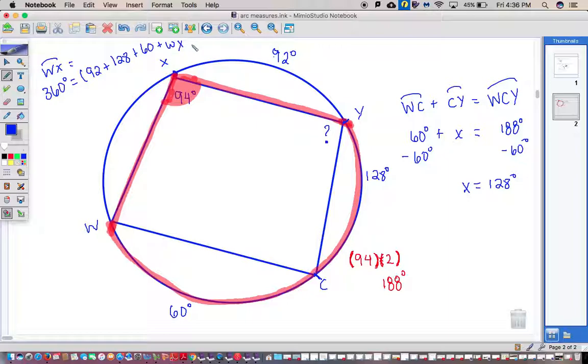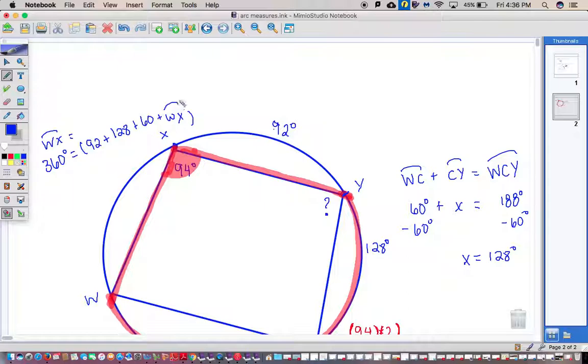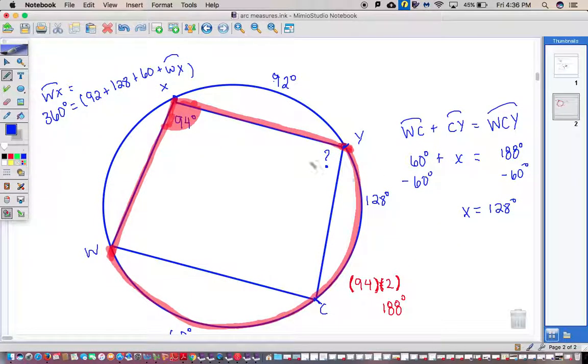So we can simply add all of these numbers together and subtract from 360. 92 and 128 is 220, and 60 is 280, so 360 minus 280, and I would get 80. So the arc measure is 80 degrees.